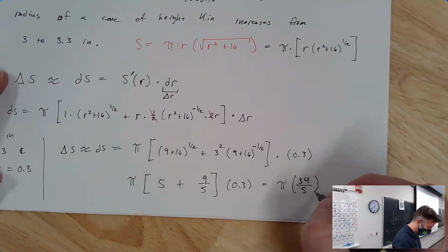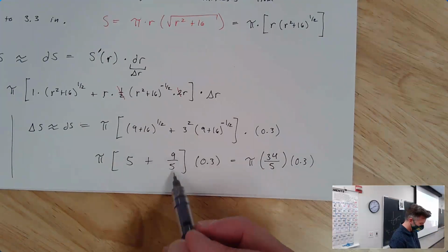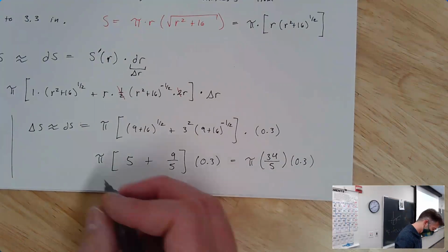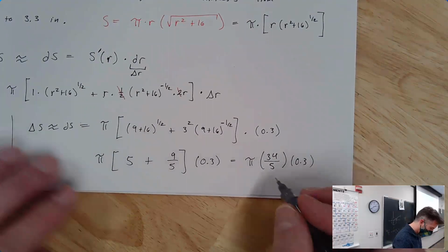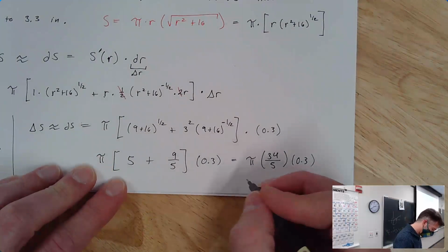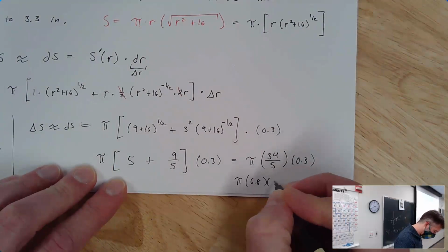I feel like decimals might be better here. We could probably make that much nicer, right? Because 9 over 5 is just 1.8. Either way, I would make this 1.8 plus 5 is 6.8 times 0.3.